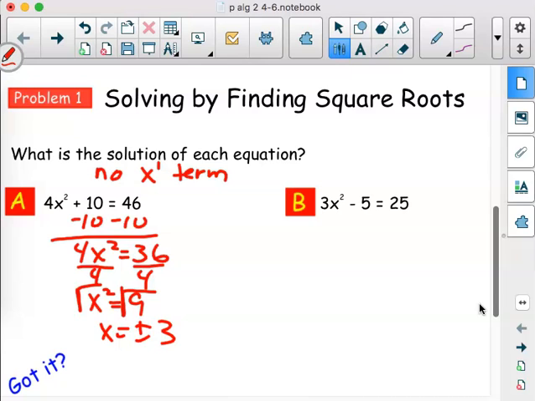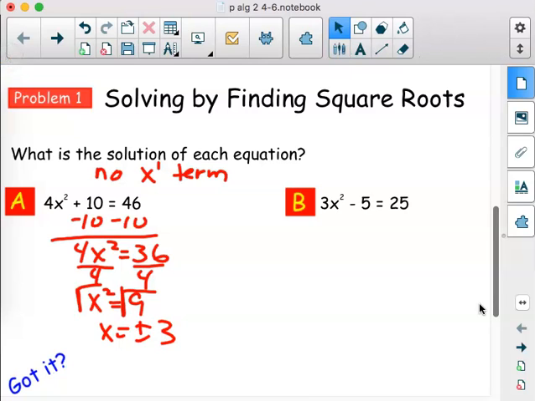Both of those, if we put them back up in here for x squared, will work. Watch. If I put a 3 in here, it doesn't matter if it's positive or negative. I'm going to square it and get 9. 4 times 9 is 36, and 36 plus 10 is 46. It's going to work.